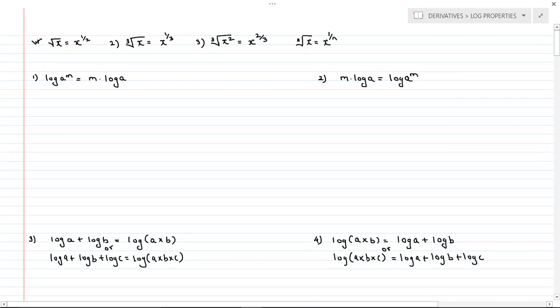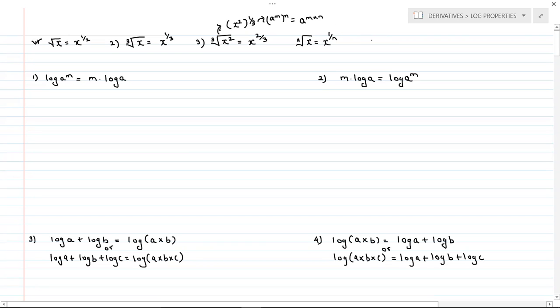Here it is the cube root of x square. So the cube root we can write as 1 by 3, yes or no? But already we have x square. So this 2, x raised to 2, and this 1 upon 3 will give x raised to 2 by 3, using the formula a raised to m, whole raised to n, which we can write as a raised to m into n, yes or no?